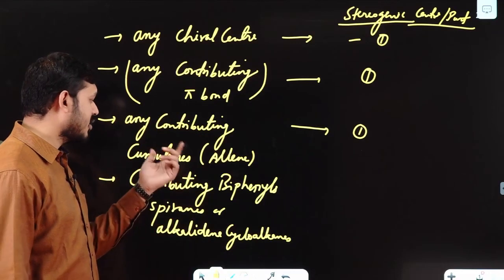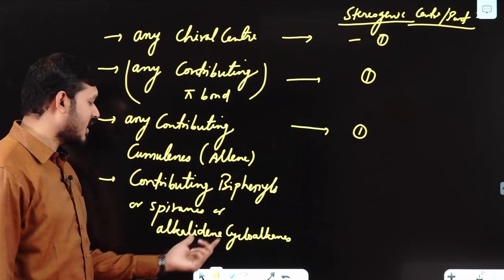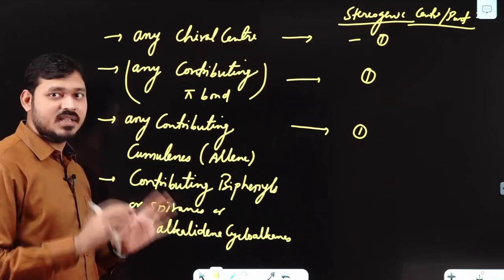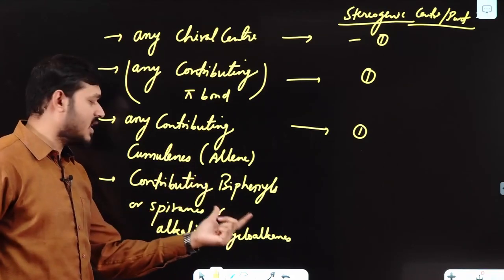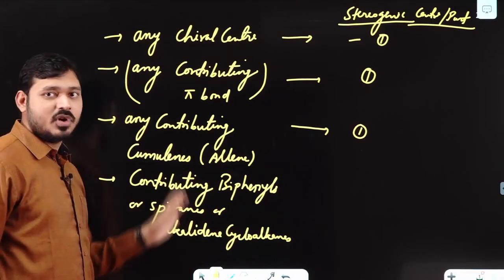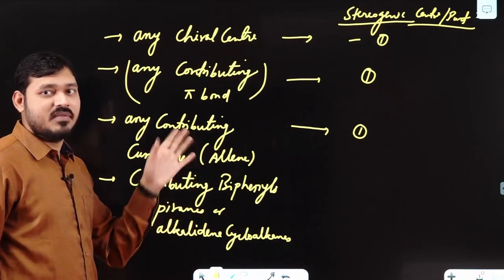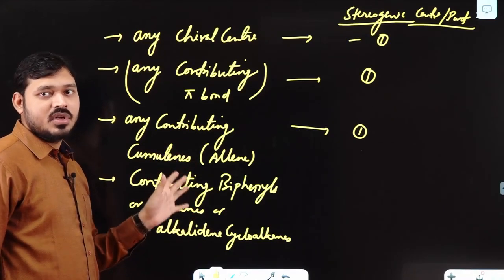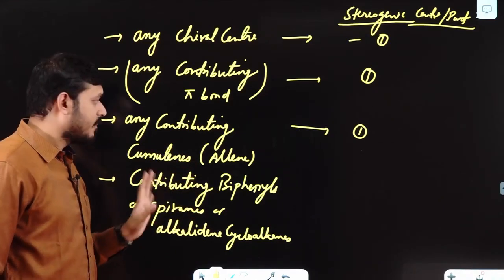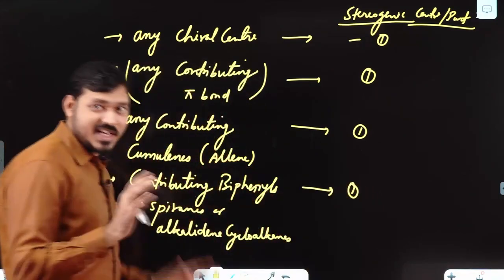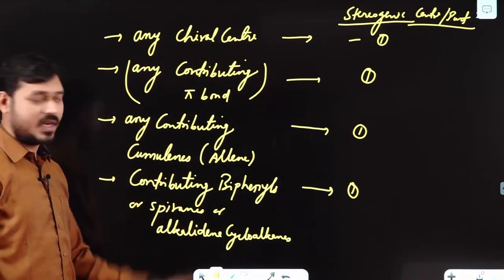Here I have used cumulenes, biphenyls, pyranes, alkylidene, cycloalkanes. All these four cases have been discussed. What are cumulenes, what are biphenyls, what are alkylidene cycloalkanes and pyranes. These four topics I have already discussed in my previous lectures: how these compounds are drawn, how these structures show geometrical or optical isomers. So in all these cases you have to count one for each part.